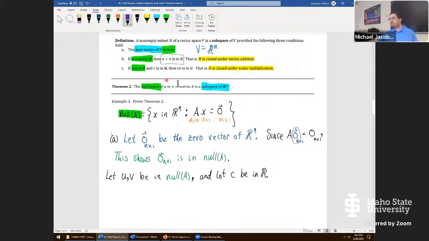We want to know if that linear combination, just the vector addition of U plus V, is really in H. To do that, we have to do the set theory on this thing.